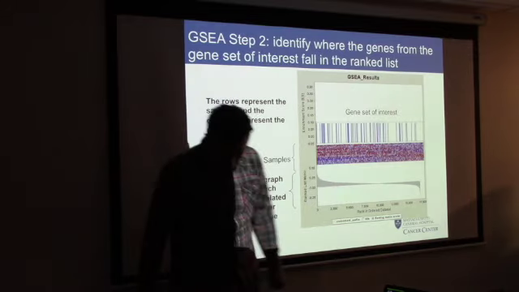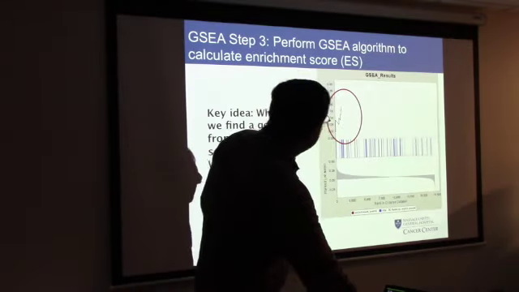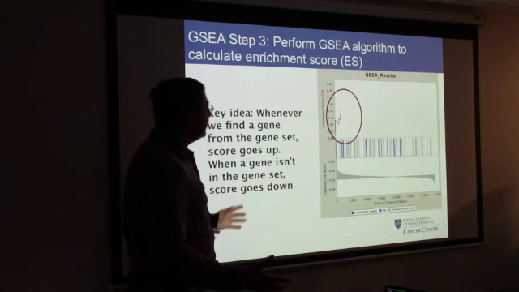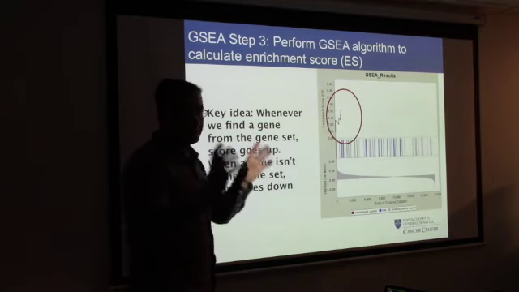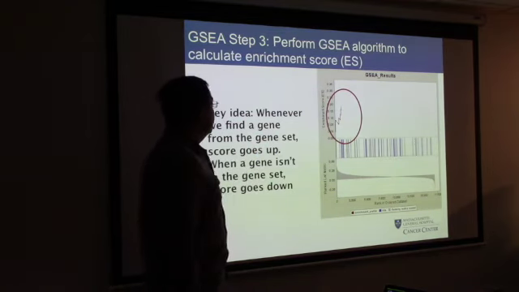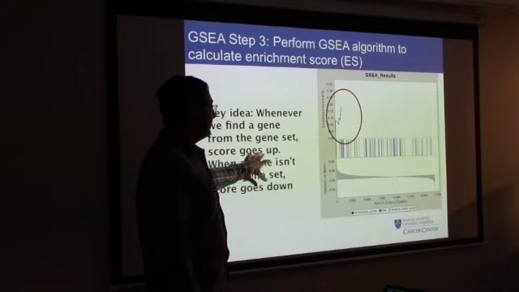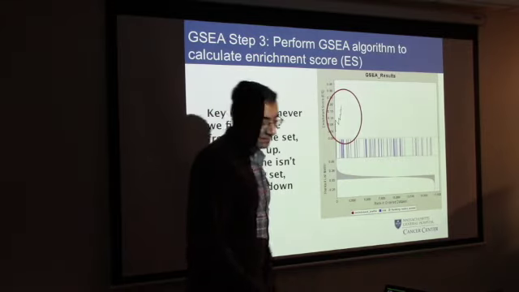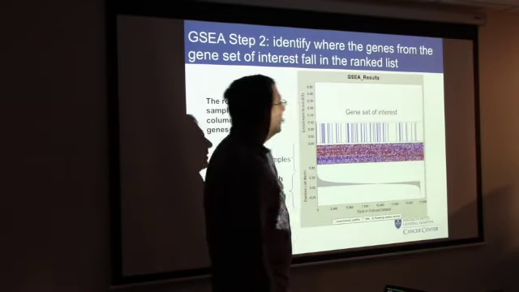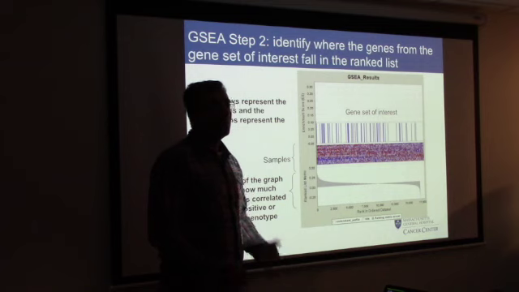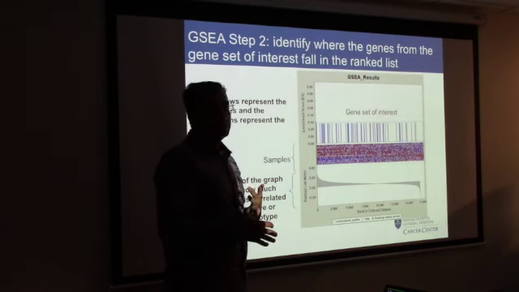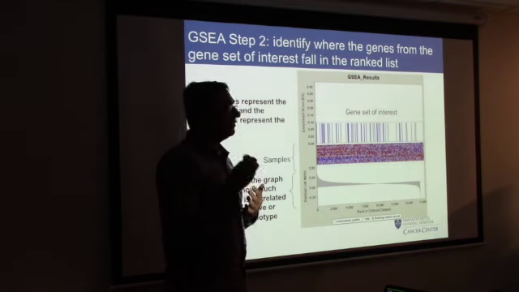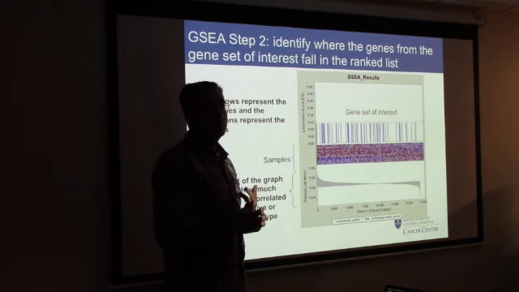All right? So what you do then is you start this calculation, the key idea of GSEA. This is the basic crux of the entire lecture. Whenever we find a gene from the gene set, the score that we're trying to calculate is this enrichment score. In the end, for your genes of interest, you want to measure and quantify that enrichment score. Does that make sense? Everybody with me?